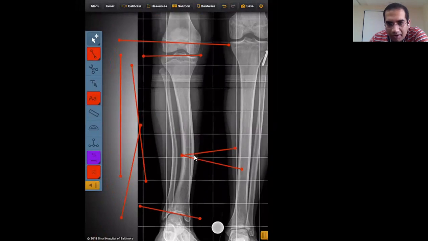This required wedge will give me correction. If you are doing your planning on an actual X-ray, you can simply take a measuring tape and measure the length of the wedge that you need to take out.